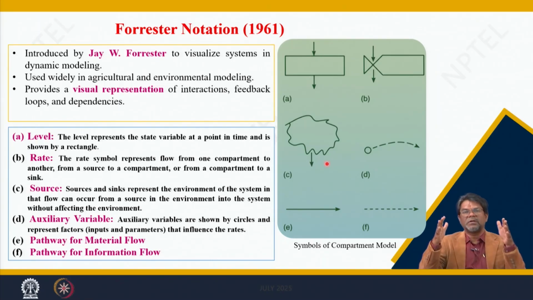We will discuss in later classes how the flow chart represents the interaction among the components, the movement of flow from one compartment to another, how state variables are influenced by other parameters, and how the rate of flow from one compartment to another is influenced by different parameters, constants or other variables. These processes in the model are represented using this Forrester notation.